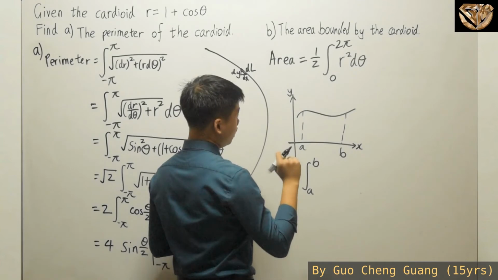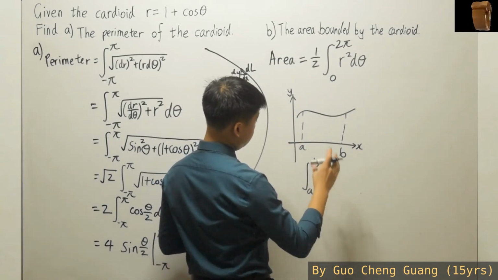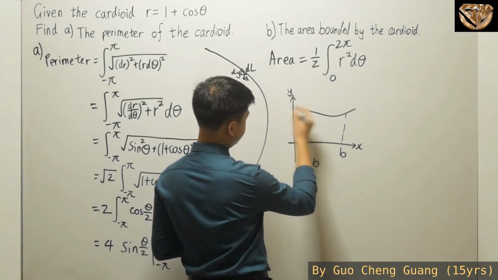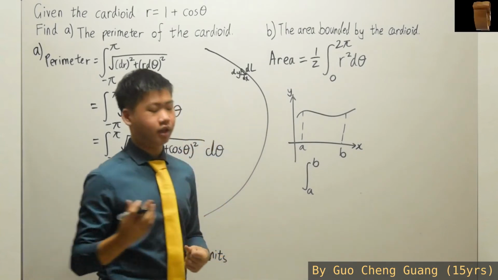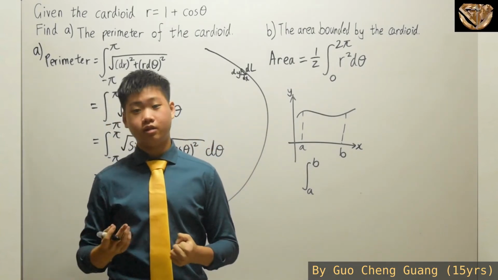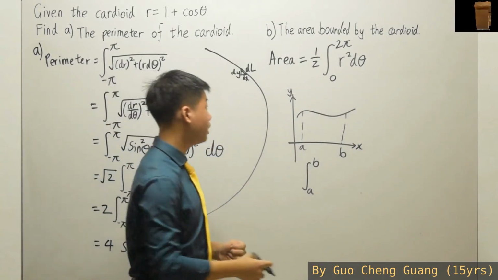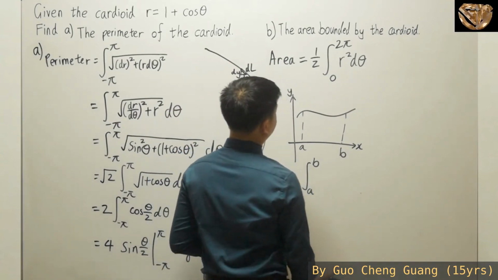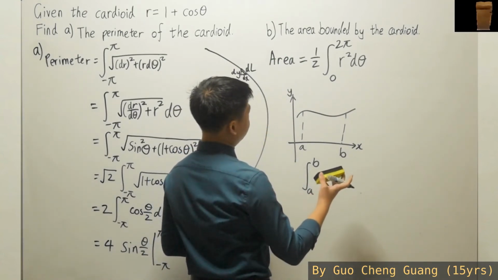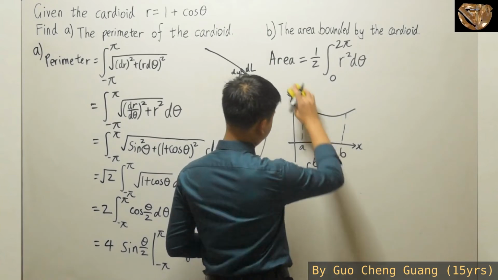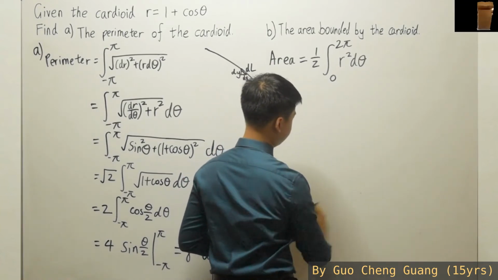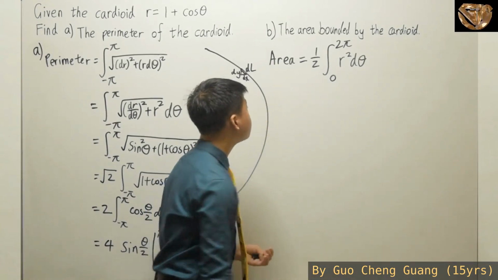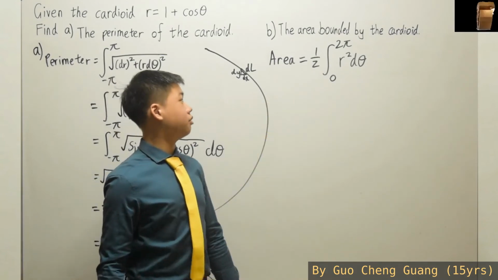Okay. So this will be what you see. Or even if you have negatives and all, you just calculate it with whatever signs you have, right? Or even if you want to go from pi to 3 pi or something. Right. So this is how we'll find the area.